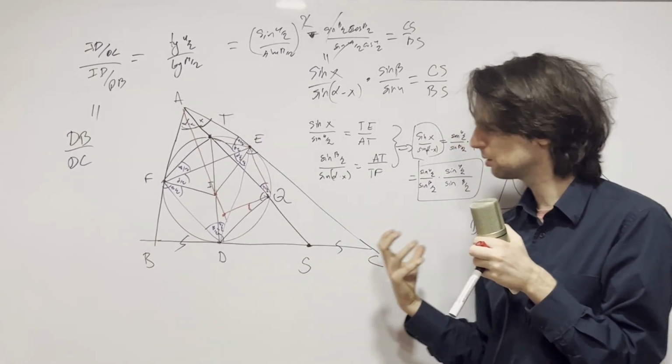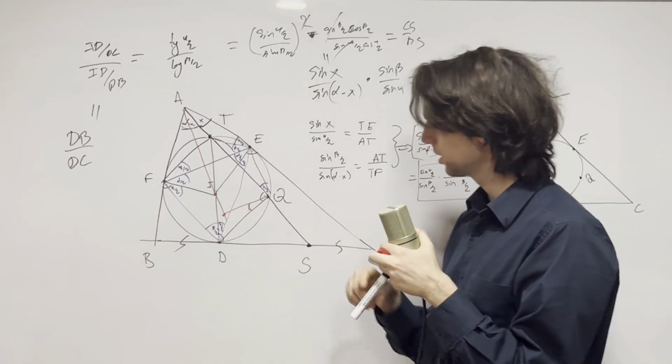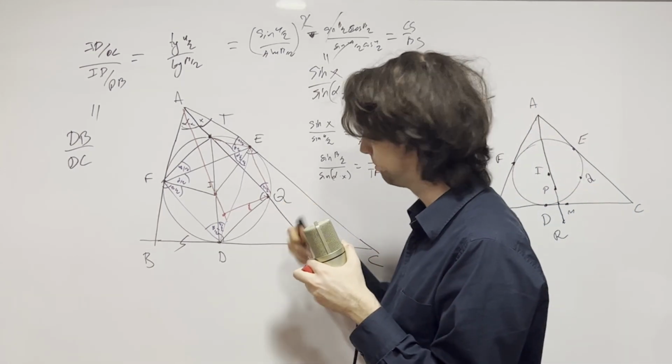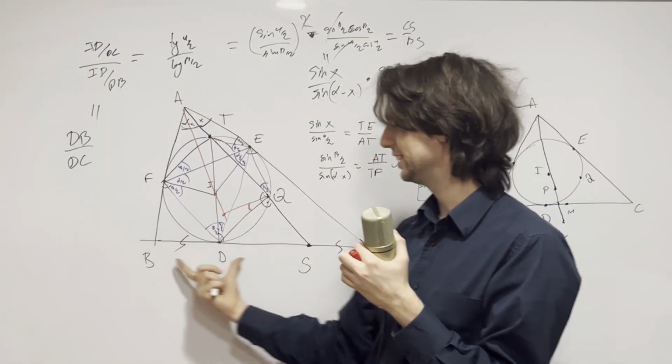And now we have something about Q that's interesting. We have this 90-degree angle, and we also have that CS is BD.